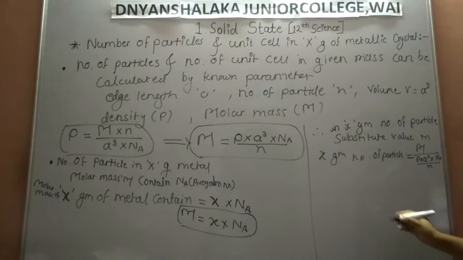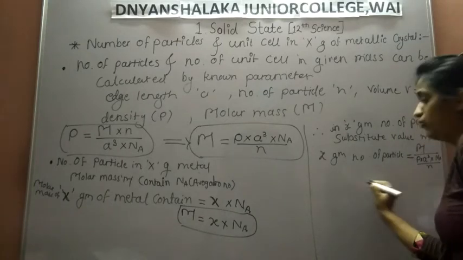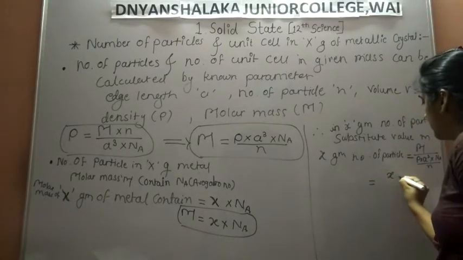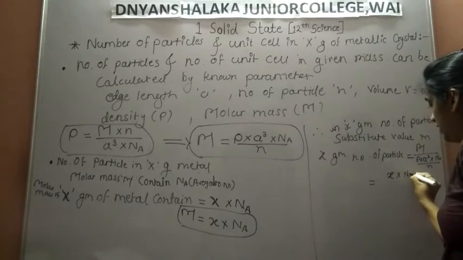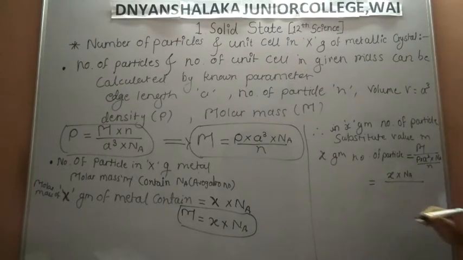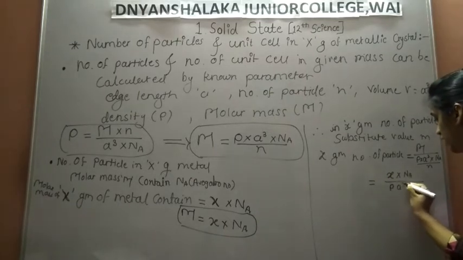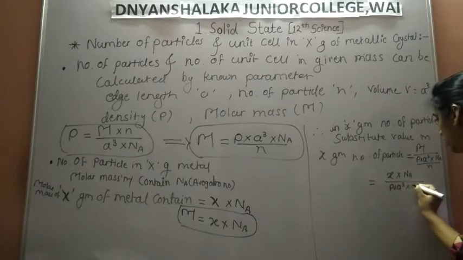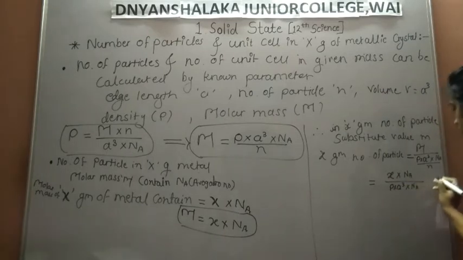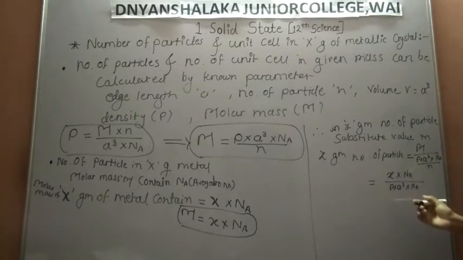So putting the value of m, we get x into Na upon rho into A cube into Na, and this n in the denominator, so we shift it to the numerator, means into n. So Na cancel out each other.